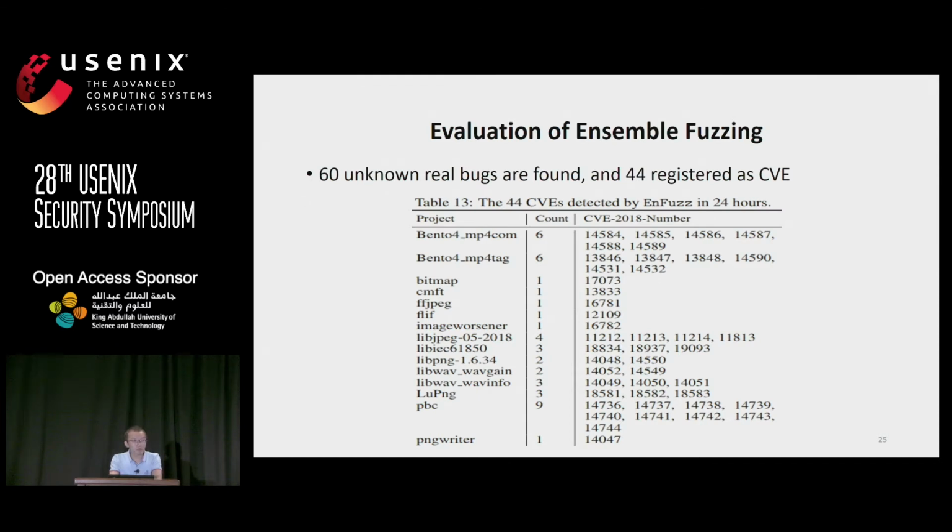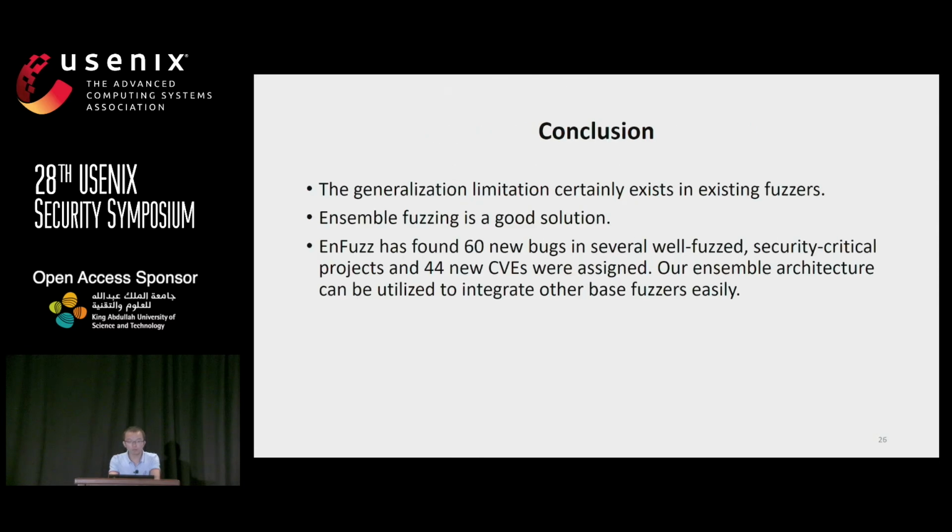Those projects are well fuzzed by existing work such as AFL, AFLFast, and AFLGo. But there are lots of vulnerabilities or bugs that have not been detected before. But with EnFuzz, we can get those bugs covered, and 60 more unknown bugs, including 44 successfully registered CVEs.